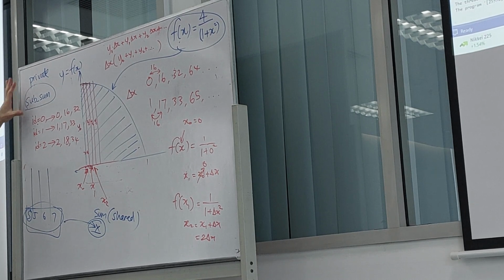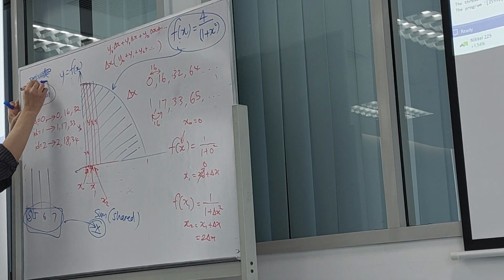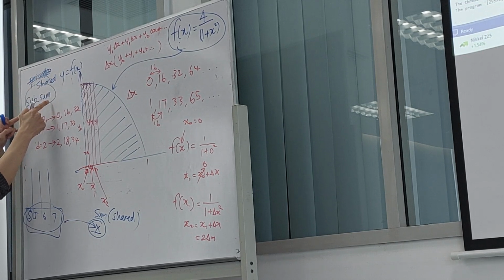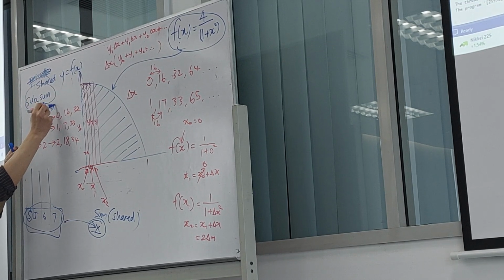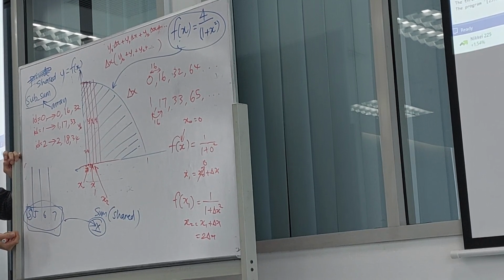So you got a problem. Of course, there is a way to actually solve that, but I'm not going to show you that. I'm going to show you a simpler way, based on the knowledge that we have learned just now. We can make this shared, but we make this subsum an array, which is basically this. And this will not have race condition. Why?